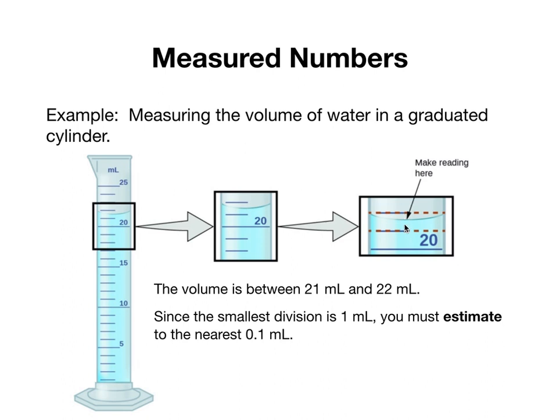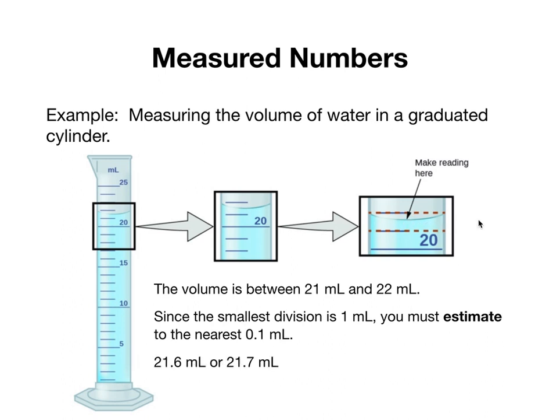So we need to estimate where it is. The guideline that we follow is that if the smallest division is a milliliter, then we estimate to the nearest tenth of a milliliter. If it were halfway between 21 and 22, we would say 21.5.